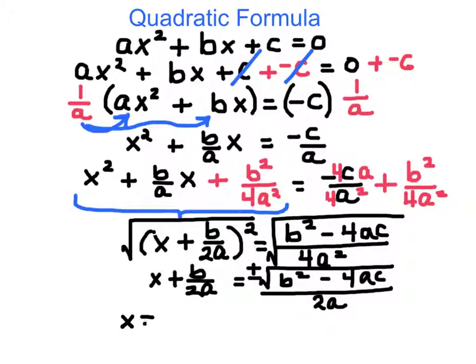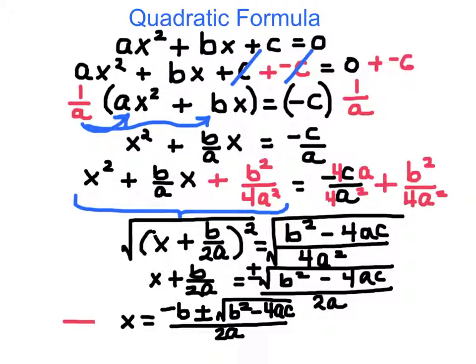On the right-hand side, I have this common denominator, 2a. So it's negative b plus or minus the square root of b squared minus 4ac, over 2a. What I've just derived is the quadratic formula.